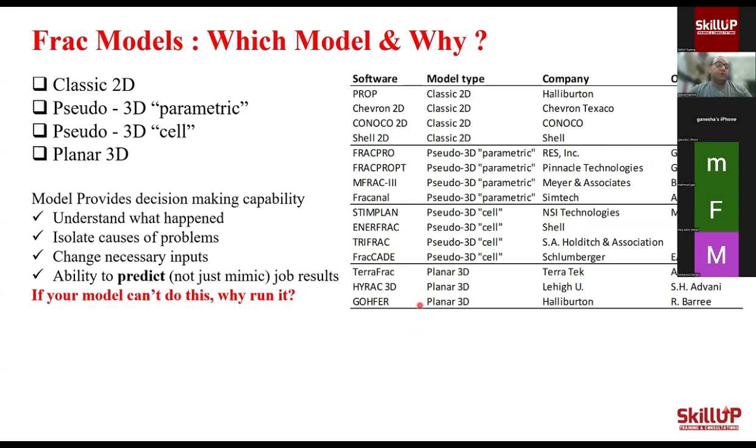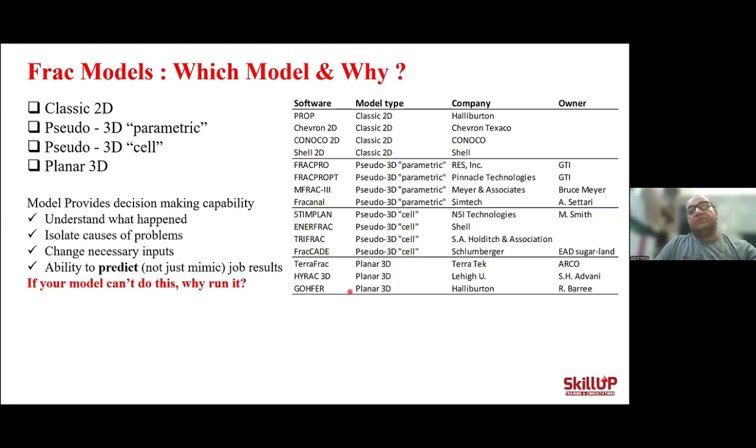Because in GOHFER, if you have a really complicated mechanical earth model with reservoir properties and geomechanical properties, this model can run maybe more than 20 hours, and you need like a mainframe to do this run. So it's all about the ability of this hydraulic fracture model to predict the results after the hydraulic fracturing job.